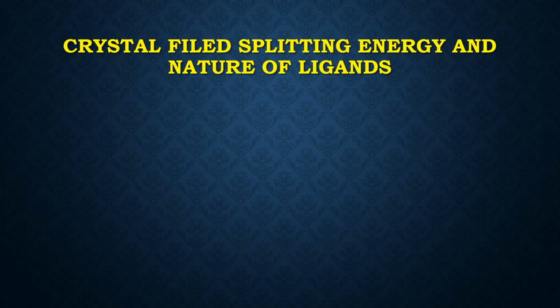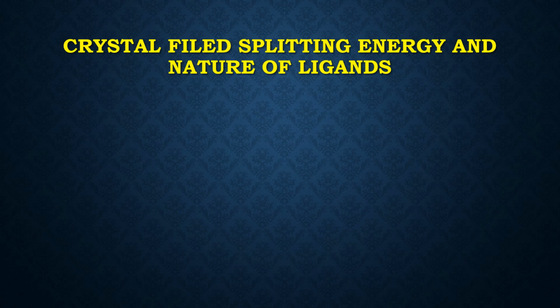Now, the crystal field splitting energy and the nature of the ligand. As I said earlier in VBT also, it depends upon the electronic field, whether they approach a strong ligand, a weak ligand, or maybe a neutral ligand.